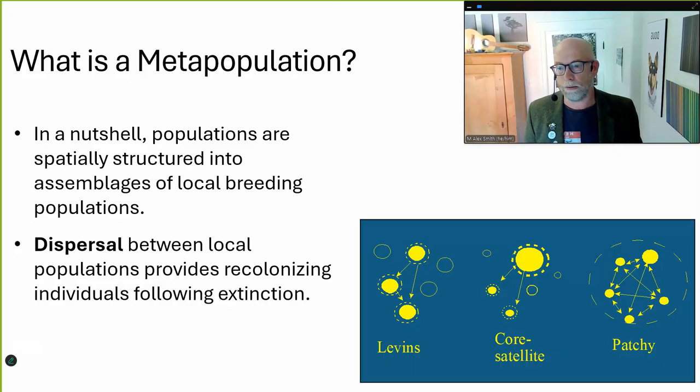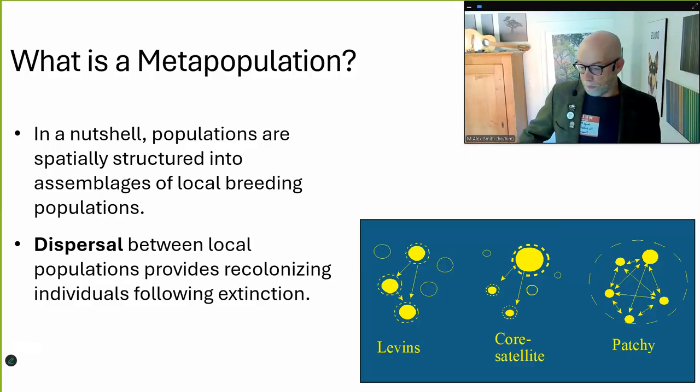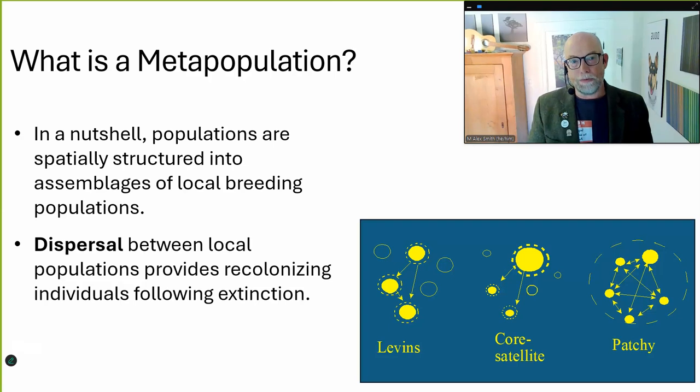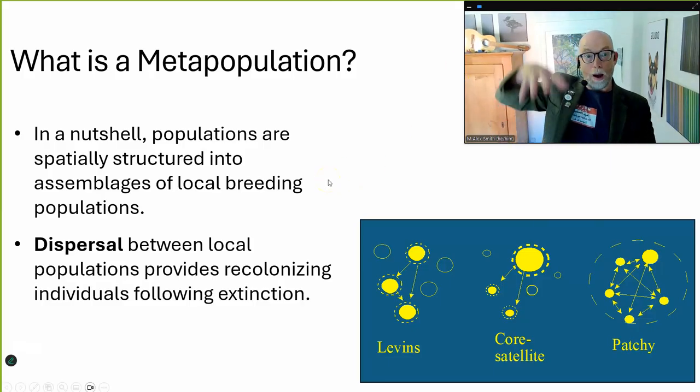And maybe the non-habitat interferes with or accelerates or prevents dispersal. But it's intuitively appealing, finally, because it lets us think about populations across the landscape in the way that we would think of individuals within a population. So it extends that thinking up.